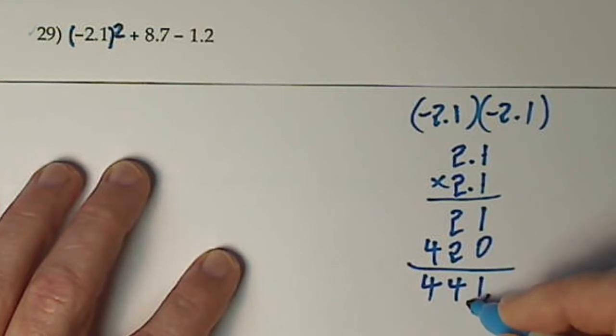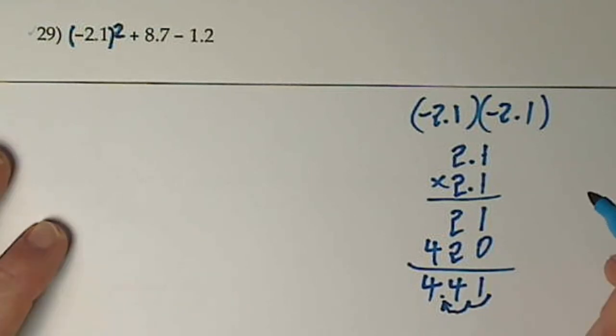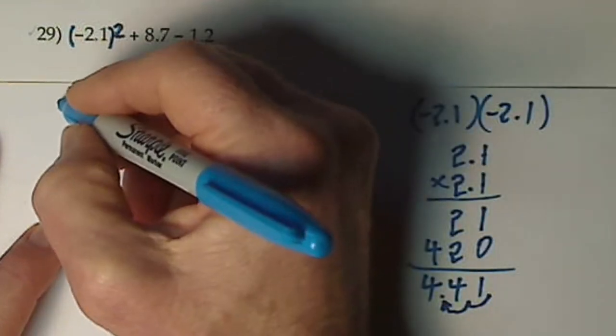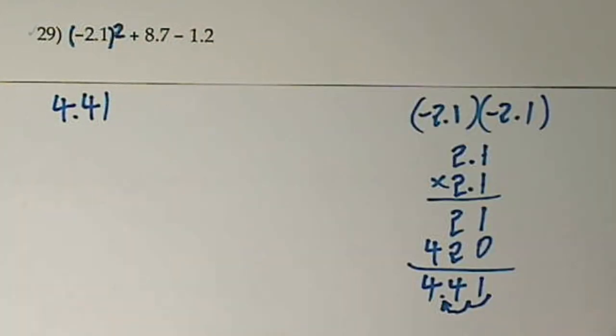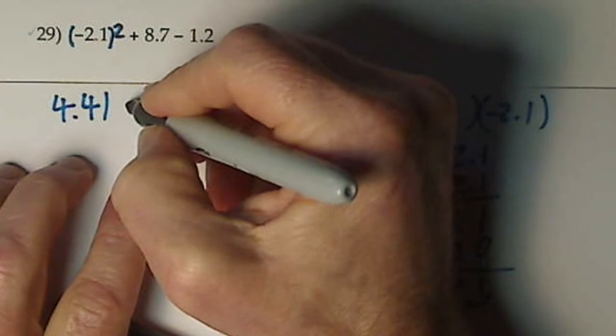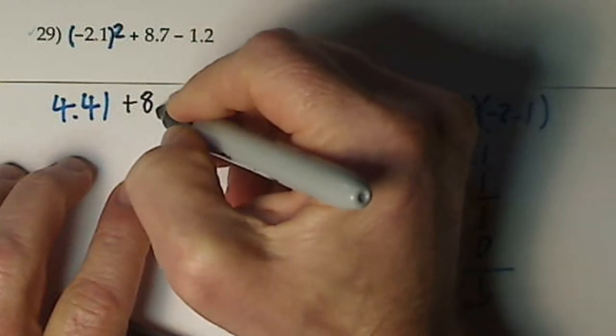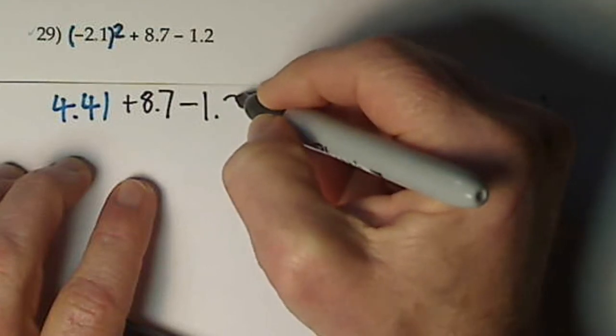So that means you have to move in 2. So we get 4 41/100ths. All right. So underneath there, I'm going to put 4 41/100ths. And now I just bring down whatever I haven't used. So there's positive 8 7/10. And the negative 1 2/10.